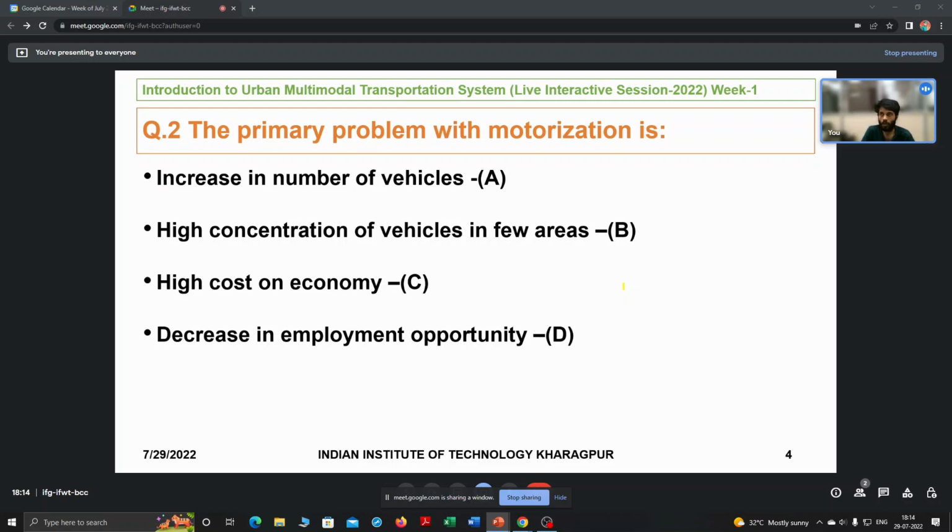As you know, poor people are always using public transport, and if there is too much motorization and less public transport running on the roads, then their employment opportunity reduces. So in that aspect, it is not a primary problem. So the primary problem is this. I hope it is clear.